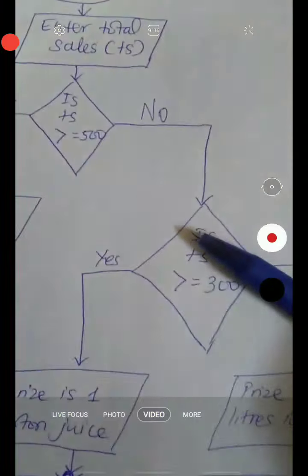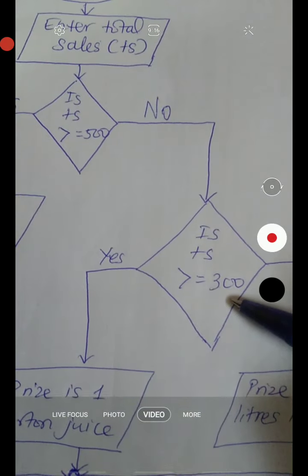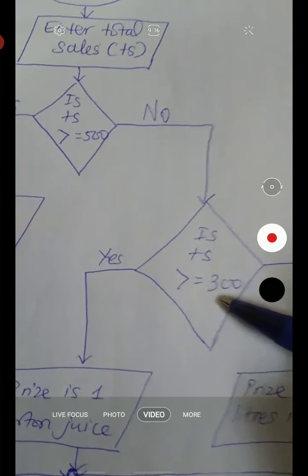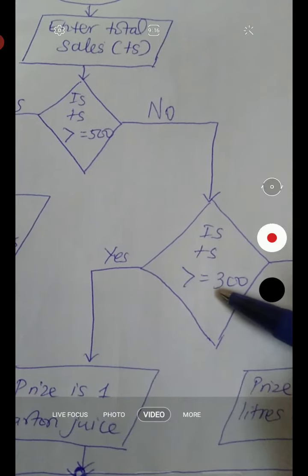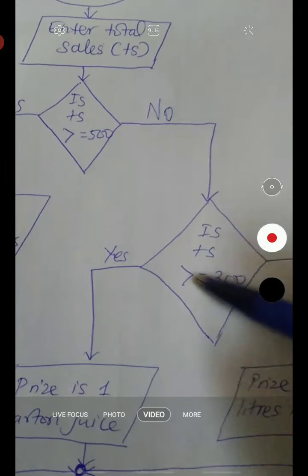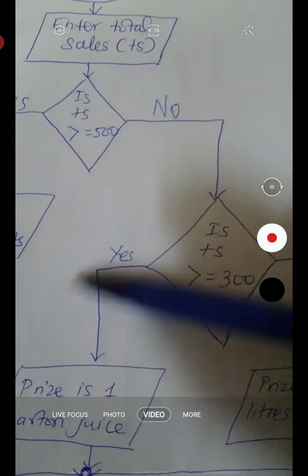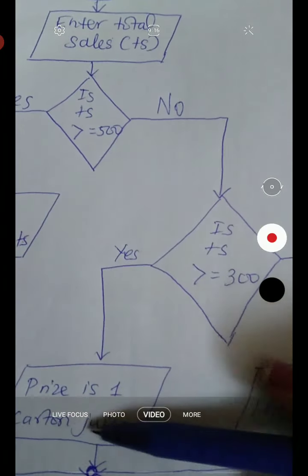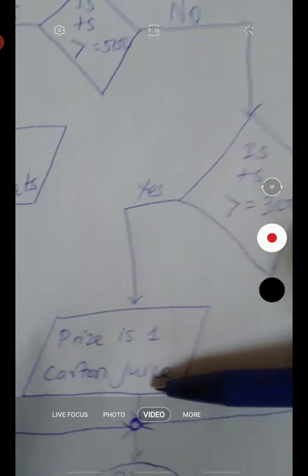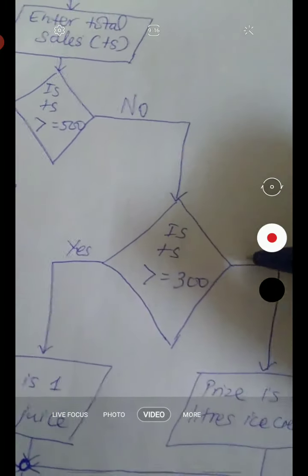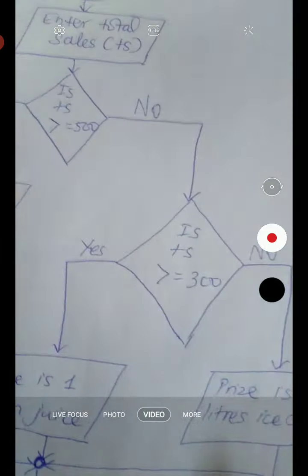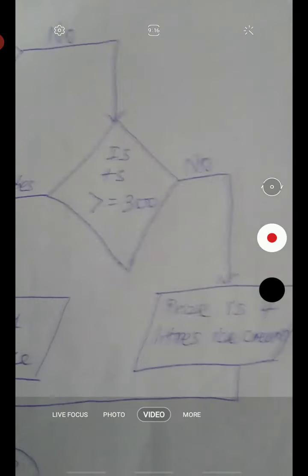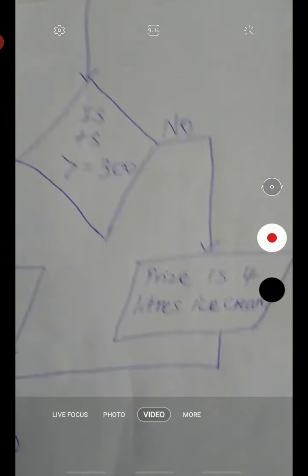So in this case, greater than or equal to 300, we use the first value in that range. Since it is a yes, the price given under that criteria is 1 carton juice, and then no, the price is 4 liters ice cream.